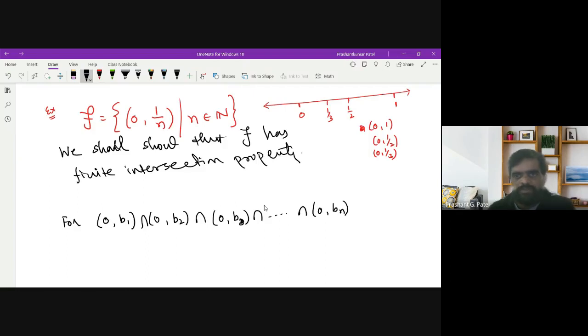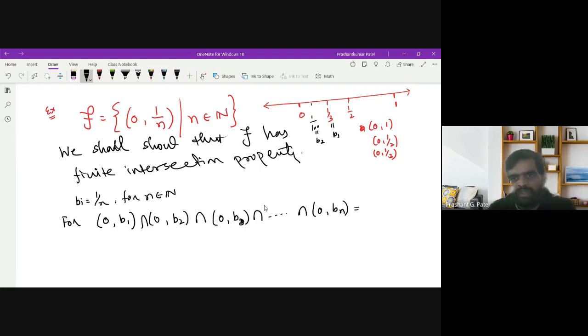Maybe this is b1, I don't know. Maybe the next, 1 upon 10,000 or 100, will be b2, and so on. Whatever numbers you pick, these are any random numbers b1, b2 up to bn, where each bi is of the type 1 upon n, for some n belonging to N. Now what will be the intersection of these?